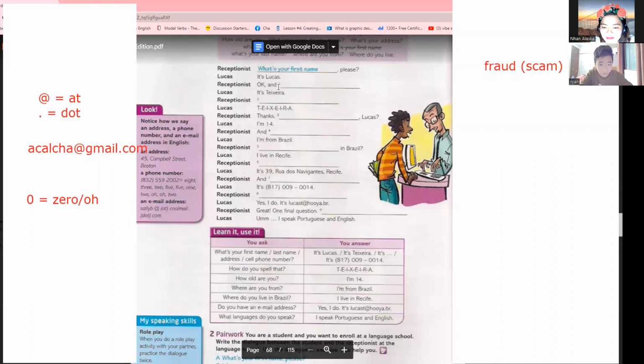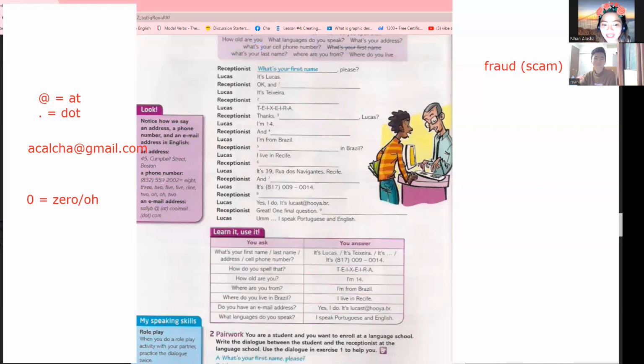And what is your cell phone number? It's 832-559-2002. Read again. I just read the example right here. 832-559-2002.